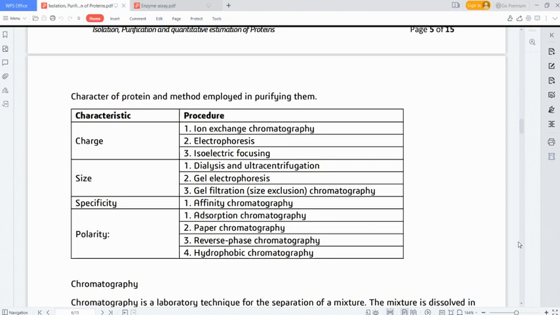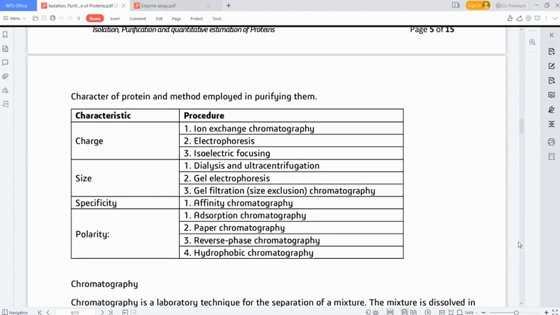In other words, with ion exchange chromatography, you can separate a positively charged protein from a negatively charged protein. Even with electrophoresis, you can do such separation, and then you can target the isoelectric point of a particular protein. If you focus on that particular pH, you can isolate proteins that are normally isoelectric at that pH.